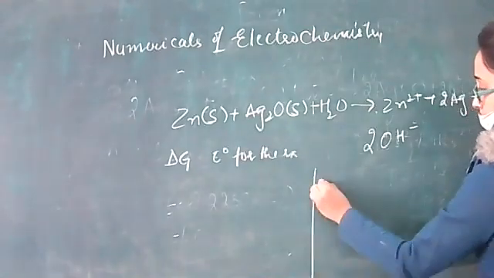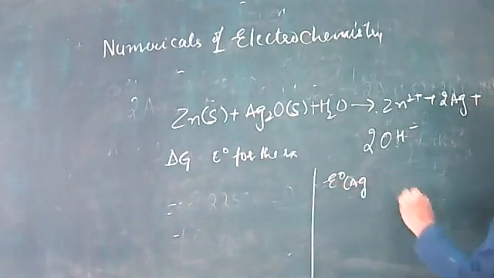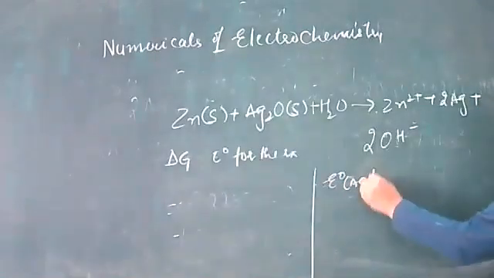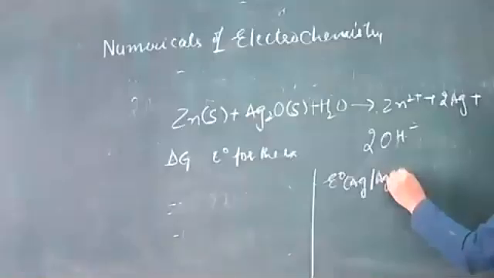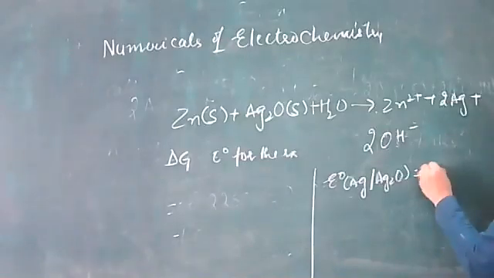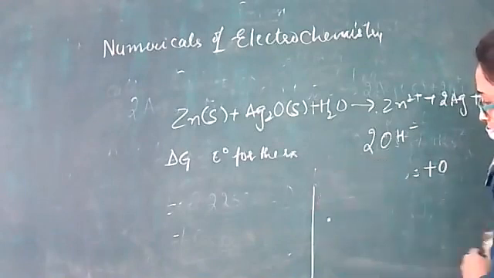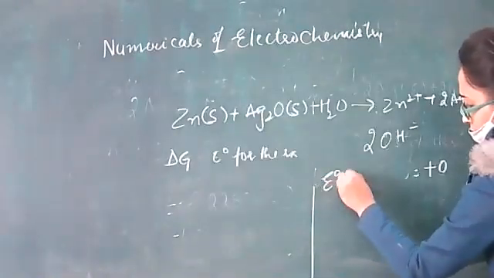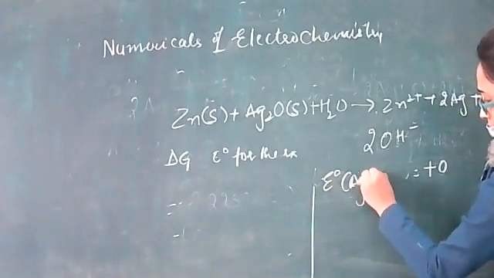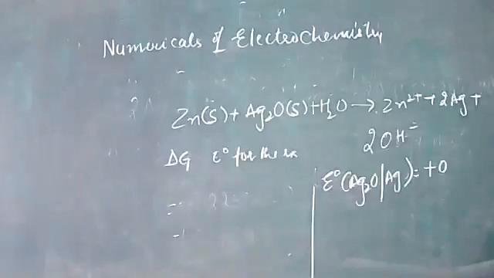Write down here, E naught, that is Ag. This is oxidation potential; I am turning it into reduction potential. Now the value will be the same.